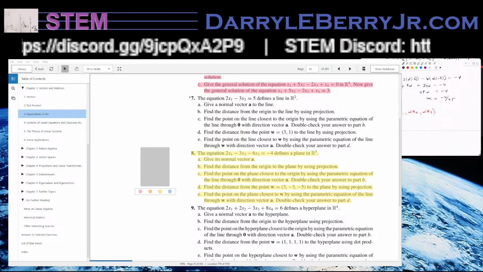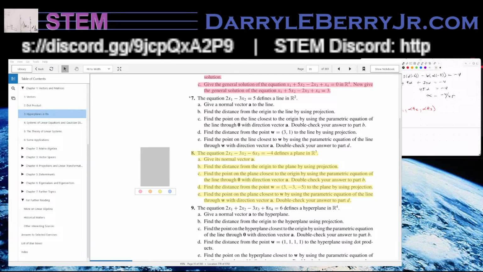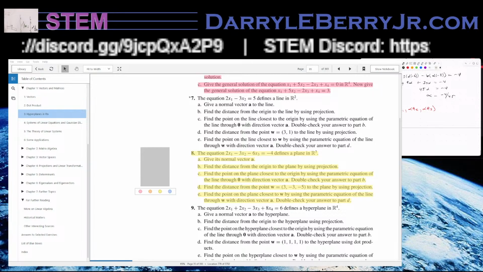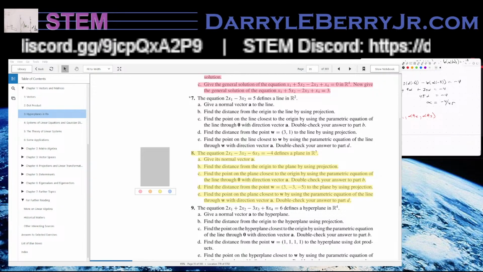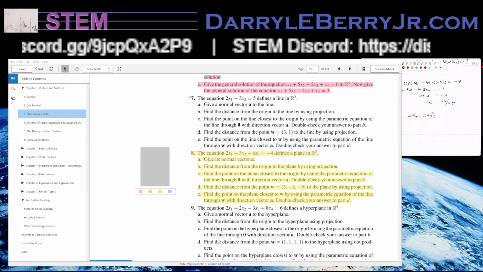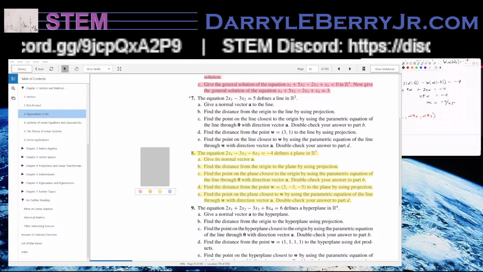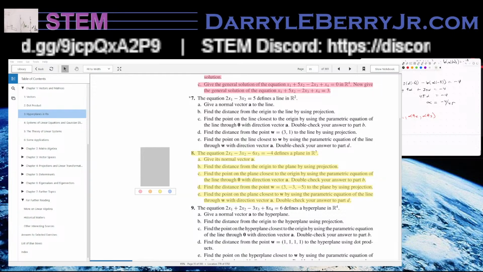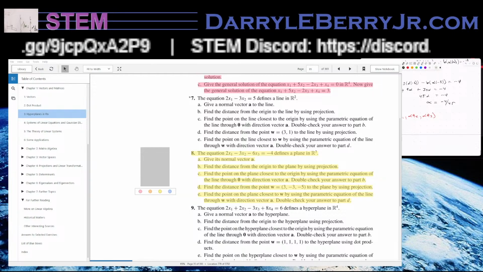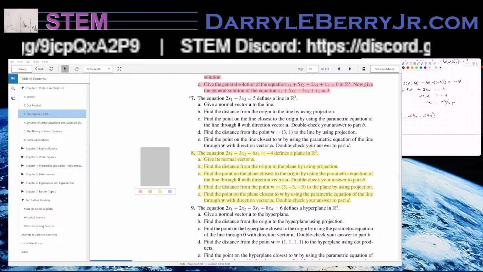So L equals some scalar alpha. And I want the distance, the closest point on the plane.